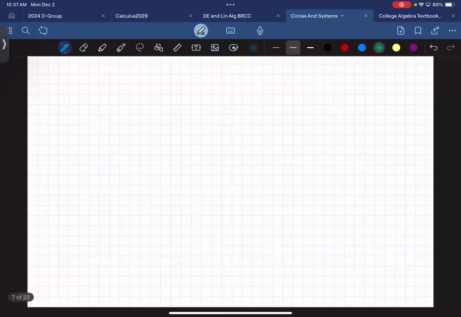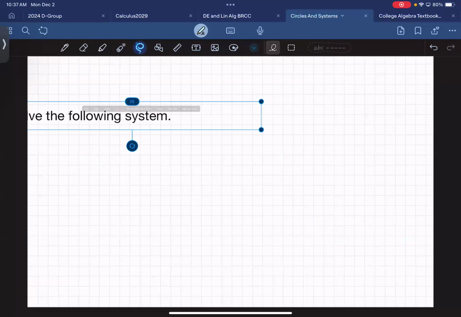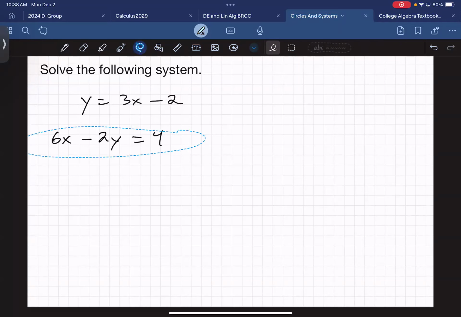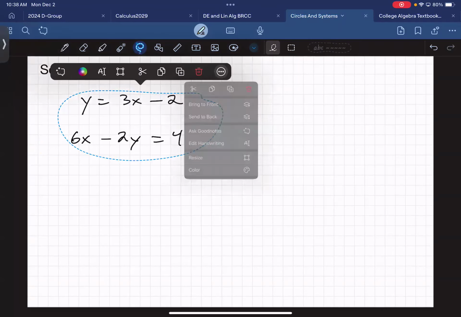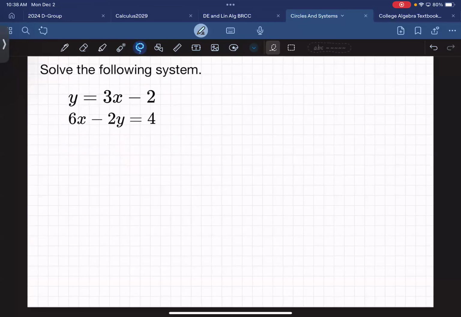All right, so we need to look at a special situation, so let's look at another one. All right, so here's another system.